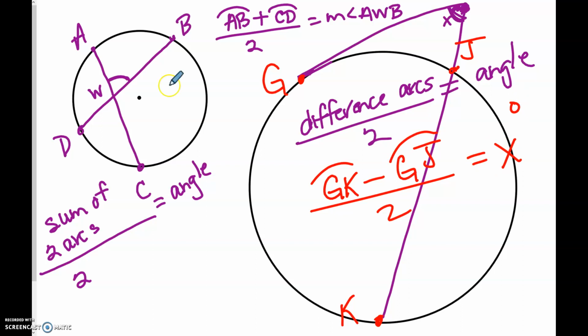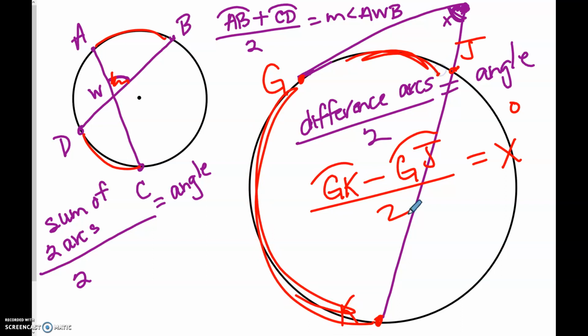So when the chords are on the inside, you take one arc plus the other arc, divided by 2, to get the angle measure. When they're on the outside, you take this arc minus this arc, divide by 2, and that'll give you the angle measure. So these are the two big theorems that we're going to be using today.